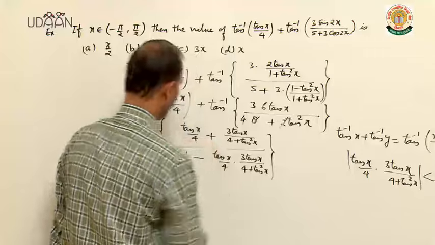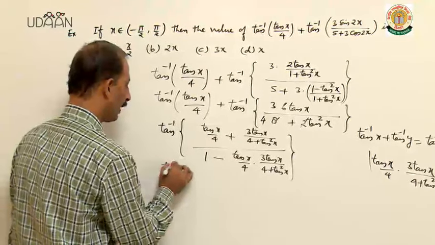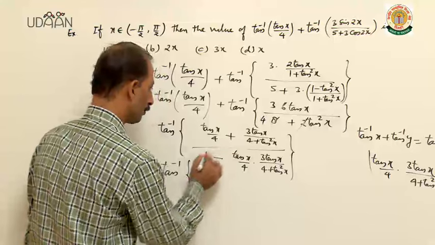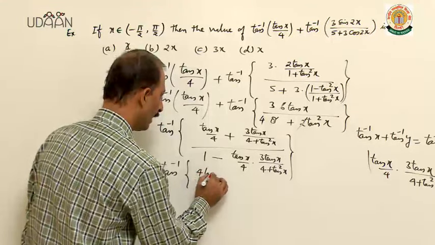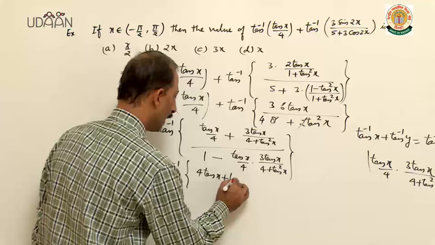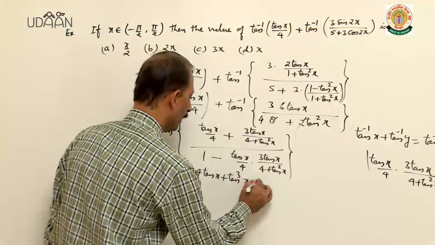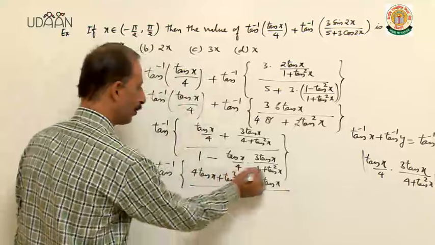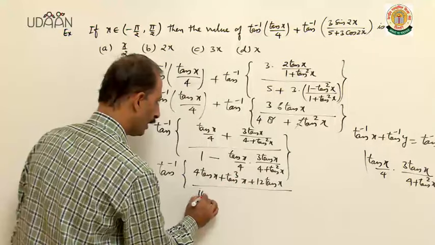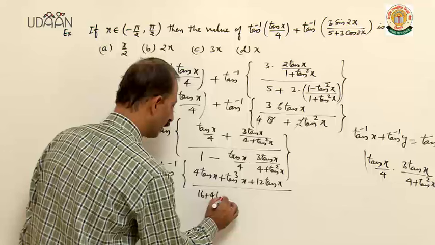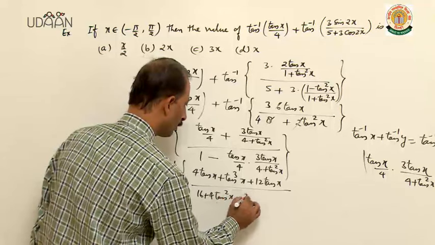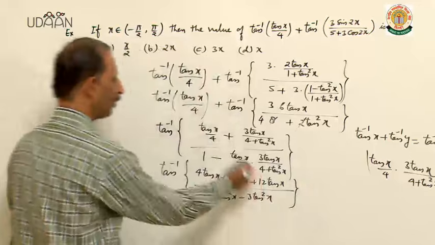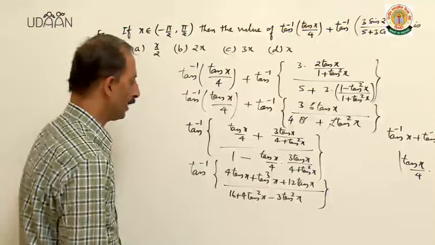Further simplify this. Now simplify this bracket. How much will you get? If you take LCM, it becomes 4 tan x plus tan cube x plus 12 tan x divided by 16 plus 4 tan square x minus 3 tan square x. Further simplify this. How much are you getting here?